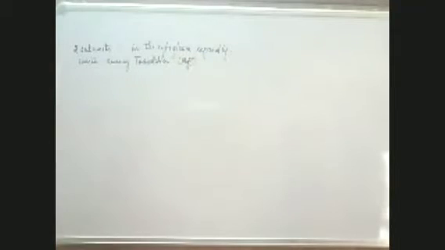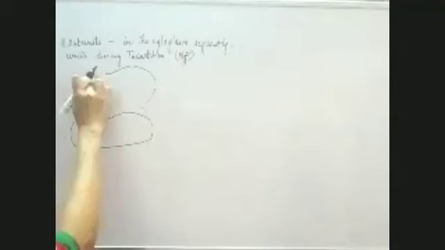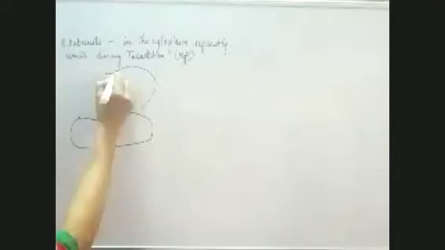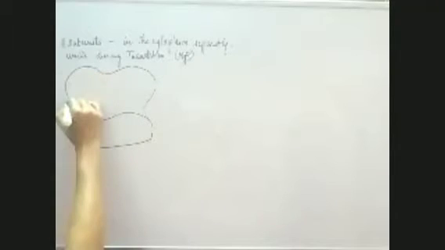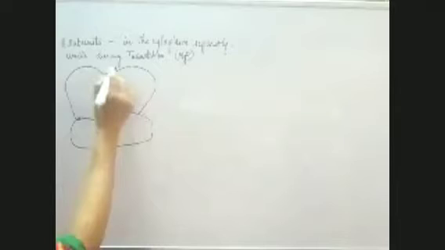So magnesium unites the larger and the smaller subunit with each other. This is how they unite, and they unite only in the presence of magnesium ions.